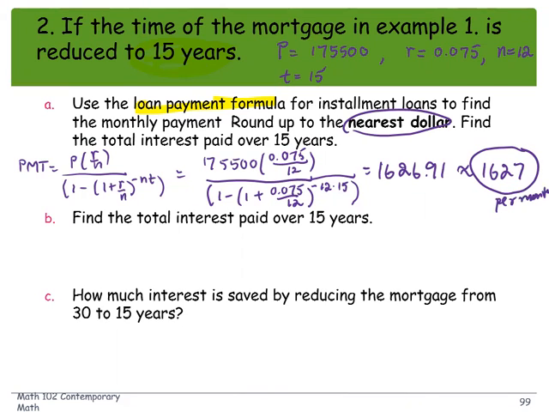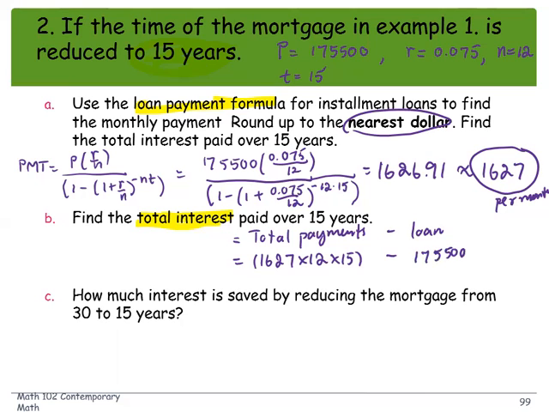So the next part, we're going to calculate the total interest paid over 15 years. To compute the total interest, that would be the total payments subtracted by the loan or the mortgage. The total payments: every month, this person pays $1,627 for 12 months in a year for 15 years, then subtracted by the amount of the loan, which is $175,500.